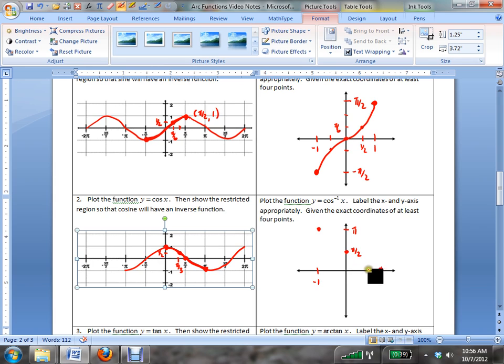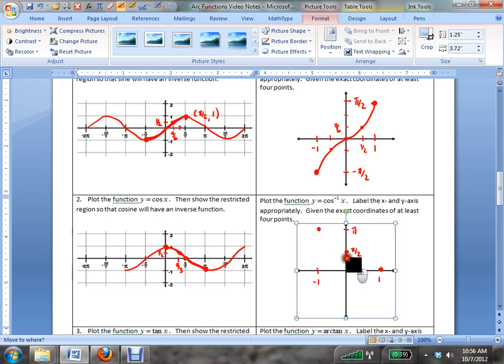So if I graph pi thirds, I know that that is going to correspond, the cosine inverse of 1/2 is pi thirds. Why don't we also do 2 pi thirds? The inverse of -1/2 is 2 pi thirds.